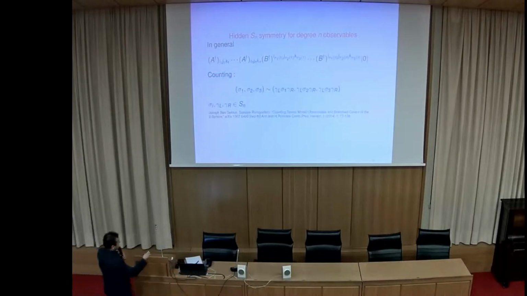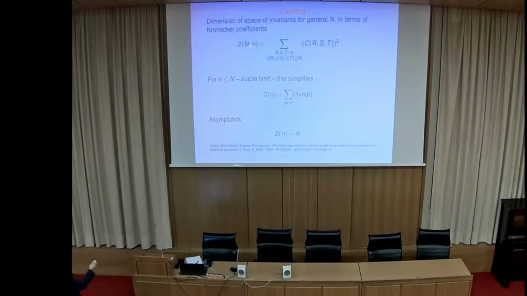And there's a nice formula for the counting as a function of the size. These indices, i goes from 1 to N. If you're looking at states with energy little n, there's a counting where you sum over triples of Young diagrams with little n boxes, and the heights of these Young diagrams are no bigger than capital N, and this is the number of invariants, the number of one representations in R tensor S tensor T, which is the Kronecker coefficient.